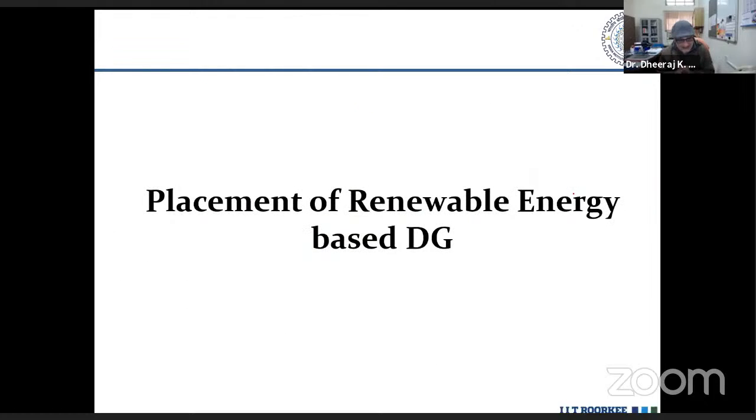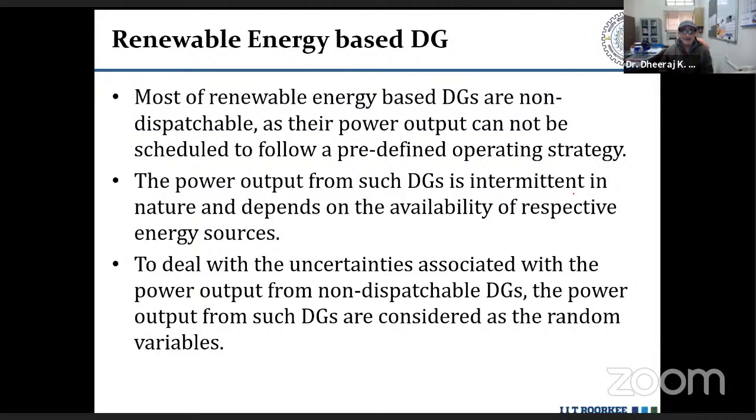So far we discussed the placement of dispatchable DGs, the DGs which we can control, but in case of renewable it is more challenging because it is difficult to follow a predefined operating strategy.